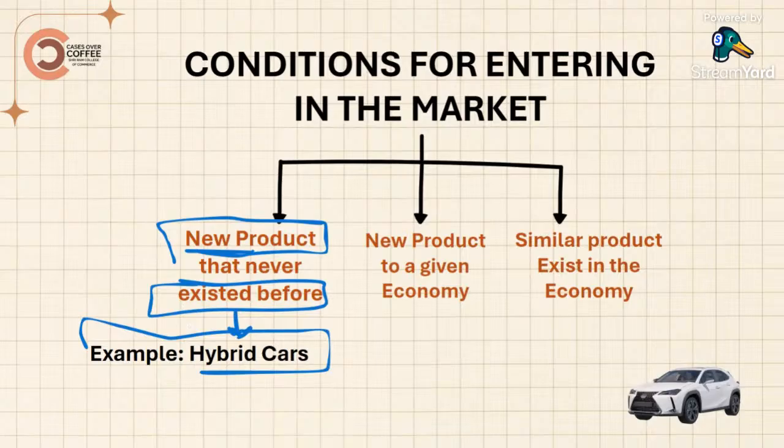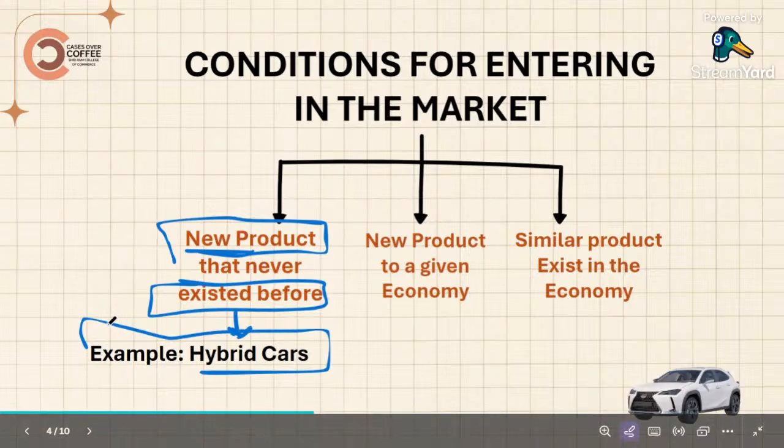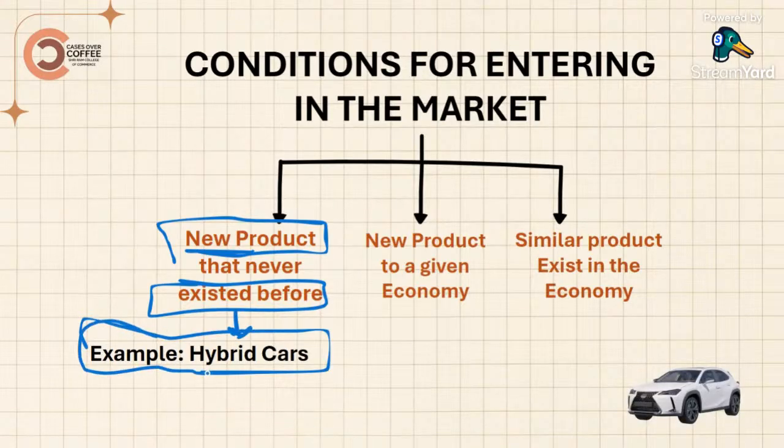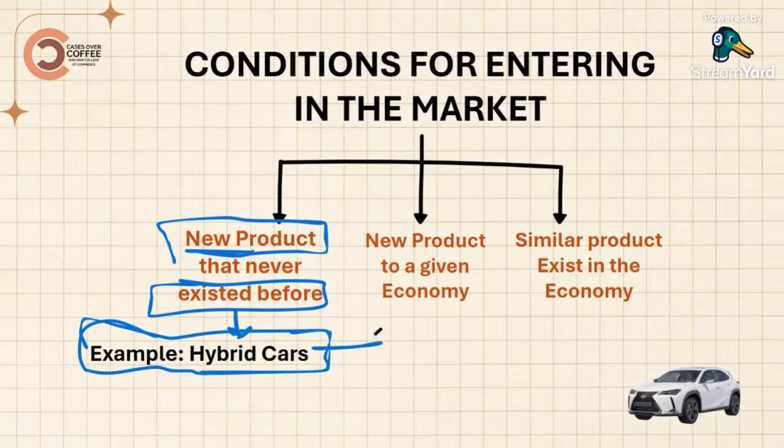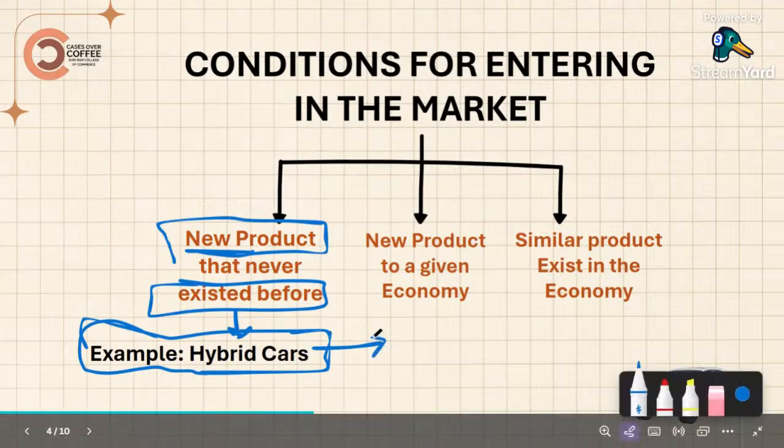We have certain developments in AI, like the human AI pin. It uses AI for everything. They don't have a screen; it is a wearable thing which uses sensors. So it is a new product that never existed. This was launched by Humane, but it is not very popular. So it is one of the examples.